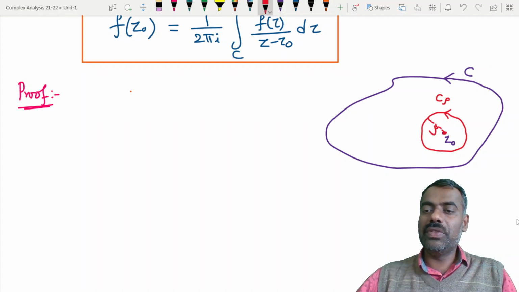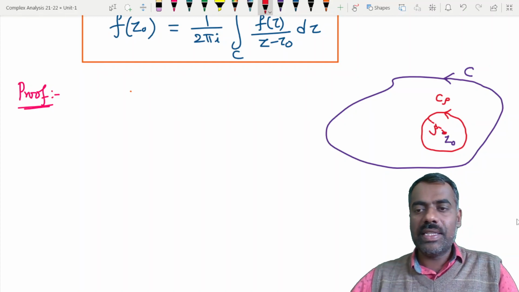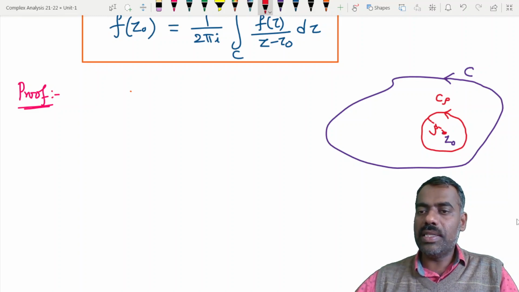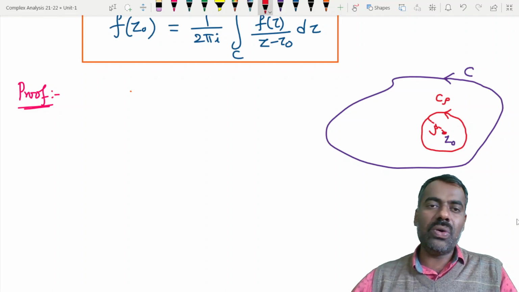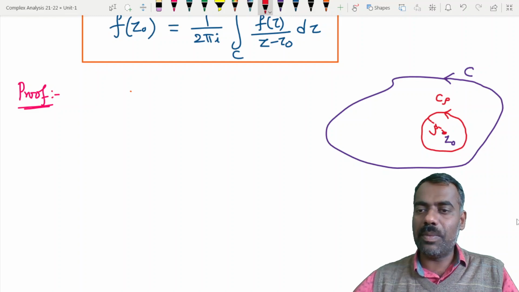We will make sure that this rho is small such that the entire C rho is interior to C. That is always possible because from z naught you find the smallest distance D to the curve C, and you take rho less than D. Therefore, this will be completely interior to C.